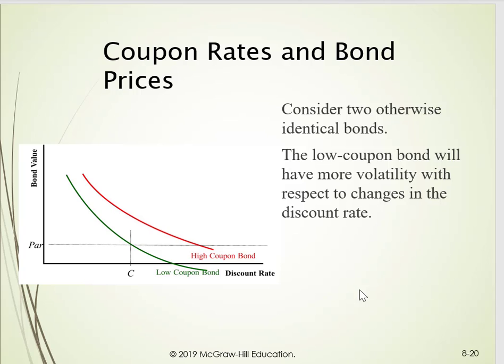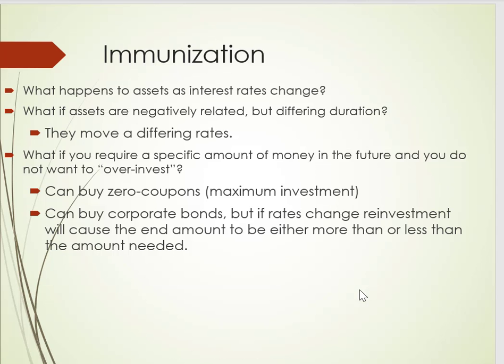So what does this have to do with the company? Let's say that you want to buy an asset in the future. Let's say in 10 years you want to buy an asset, and this asset is going to cost $1 million. You want to make sure that in 10 years you have exactly $1 million.